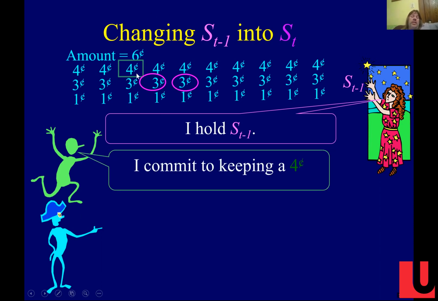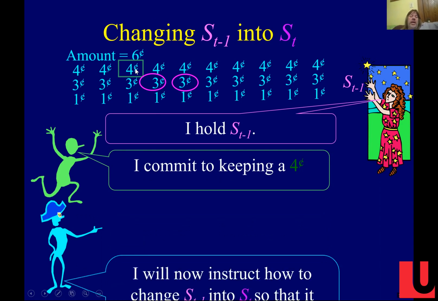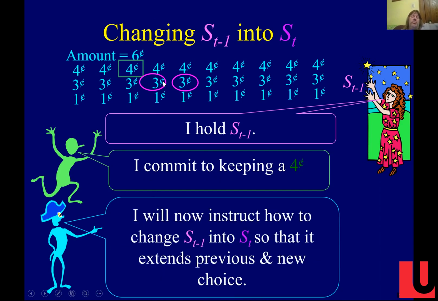And then the algorithm commits to the 4 cents, and the job of the prover is to massage the 3 3 solution into an optimal solution, so a solution that has the same 2 coins, but that contains the 4. And you can see that that's just not possible. And the reason it's not possible to prove that the algorithm works is because the algorithm does not work. The way you prove an algorithm does not work is by giving one counterexample like this, where the answer given by the algorithm is not optimal.